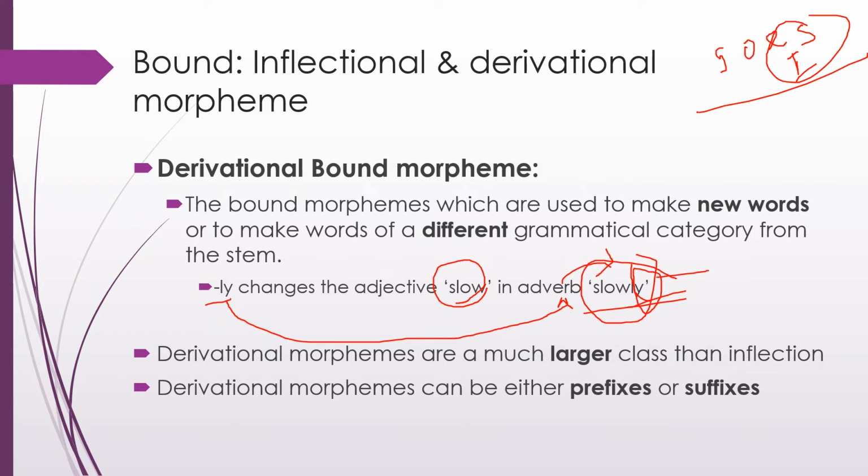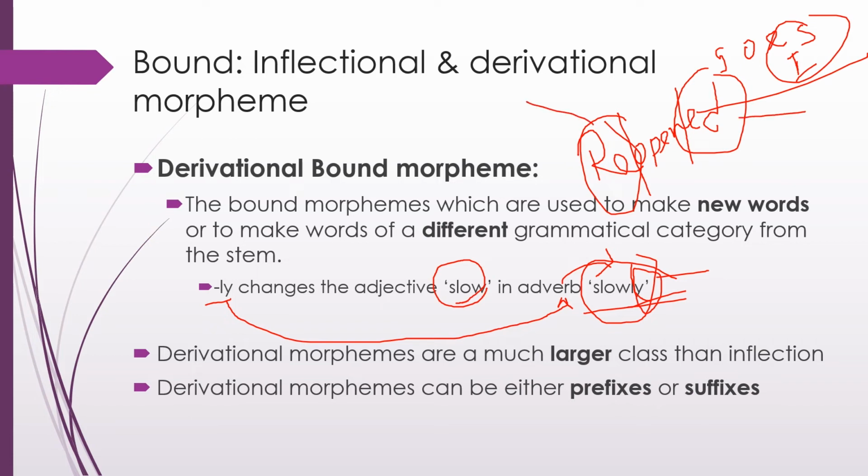And derivational morphemes can be either prefixes or suffixes. So what are prefixes and what are suffixes? It is very easy. Pre means before and suffix refers to after. For example, we have seen reopened: re and ed. Re is a bound morpheme, ed is a bound morpheme. So we refer to re as a prefix and ed as a suffix. But I am not saying that ed is a derivational morpheme.